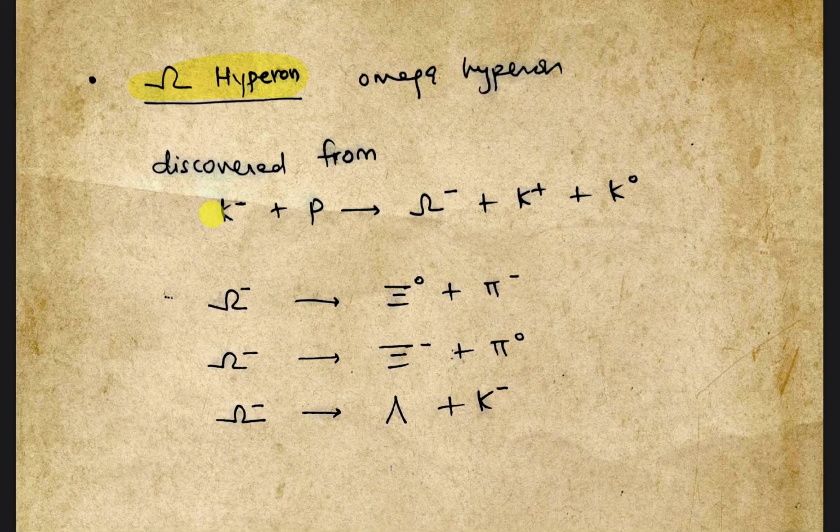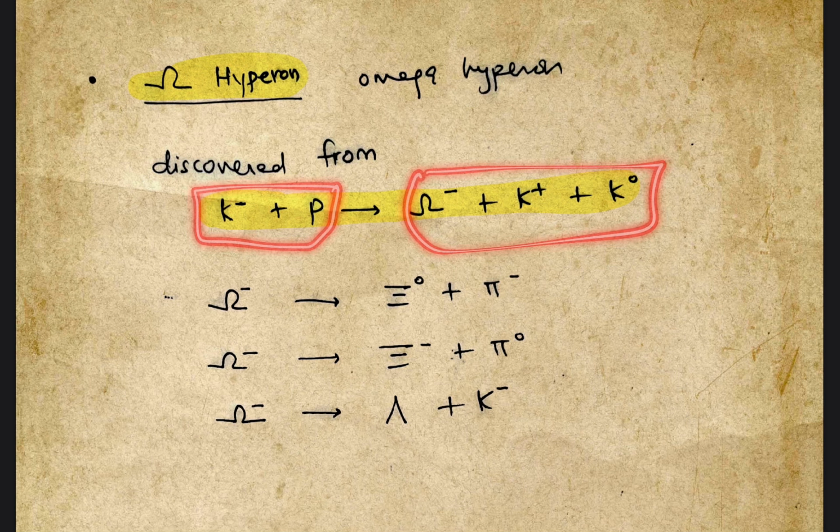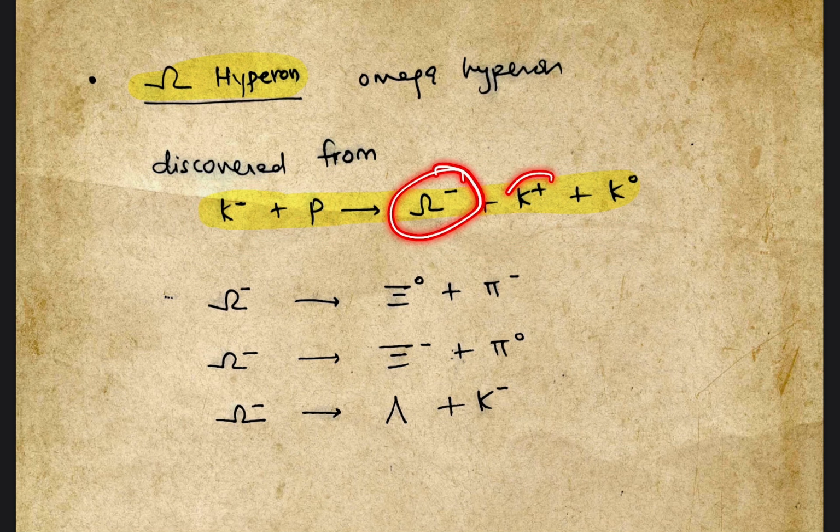Omega hyperon is discovered from this reaction, that is, we have K minus plus proton gives omega minus, and then K plus and K0, and charge is being conserved everywhere. Here we have charge -1 +1, that is overall 0. Here we have -1 +1 and then 0, overall 0.